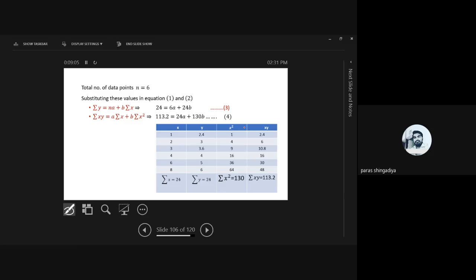This value we have already derived in the table, and now replace as per the formula. Then after simplifying that, equations 3 and 4 will be derived. That is the actual method. Up to this step we'll write down in this procedure.